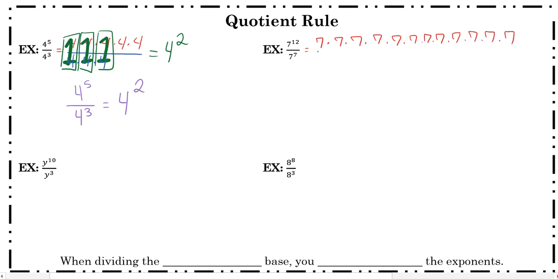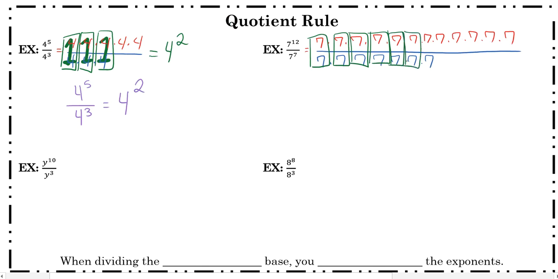Divided by 7 times itself 7 times. Okay, and then we want to see how many values can I reduce to 1. And we have 7 values that I can reduce to 1.